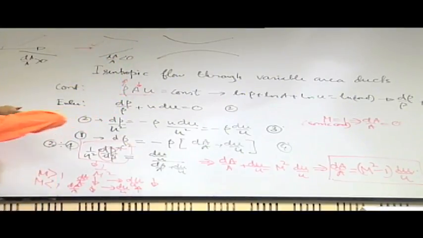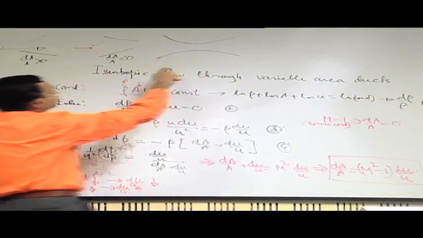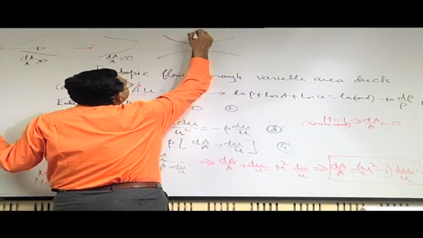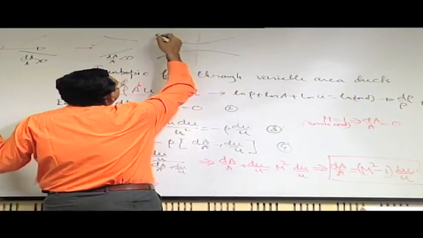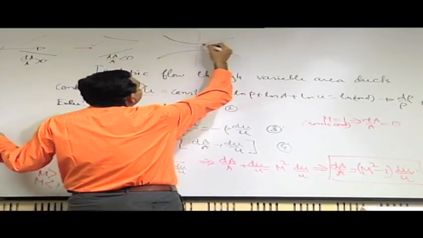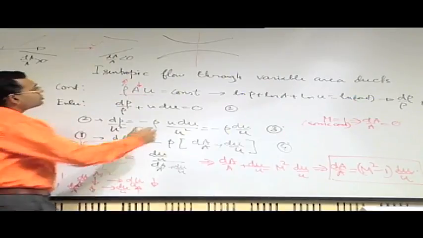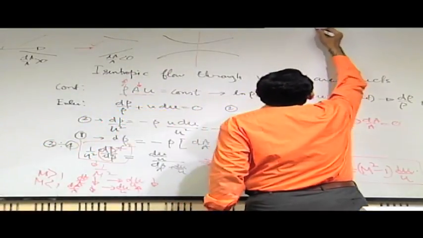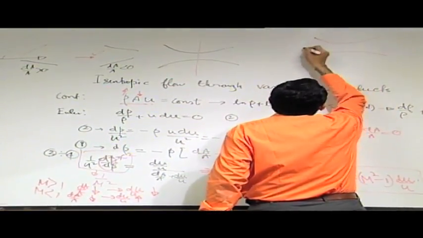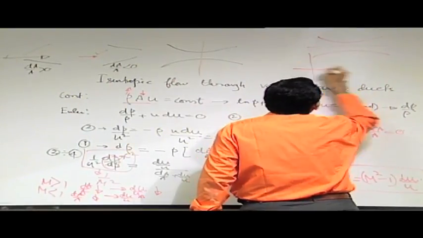Now think about such an arrangement, where the area is reducing, it comes to a minimum and then increases. In this kind of an arrangement, let us say the arrangement is like this, we plot the Mach number versus x.